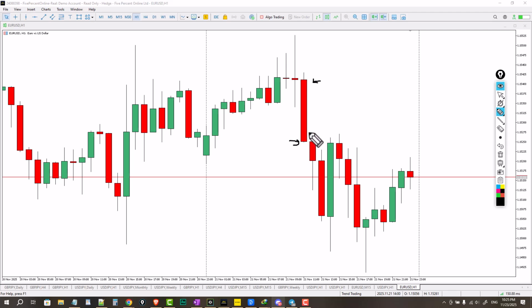But during the lifetime of this candle, it went all the way up here, and then it came all the way down here. This is a 1 hour chart, so this was a 1 hour candle. The highest high was around here, and the lowest low was around here. Now the distance between the highest high and the lowest low is what is known as the range.